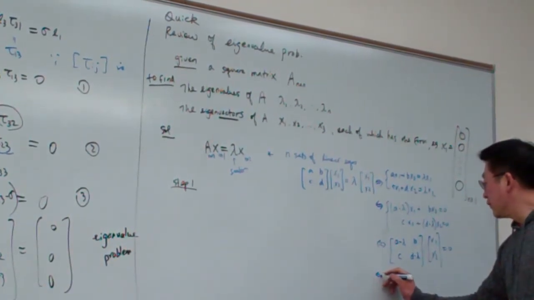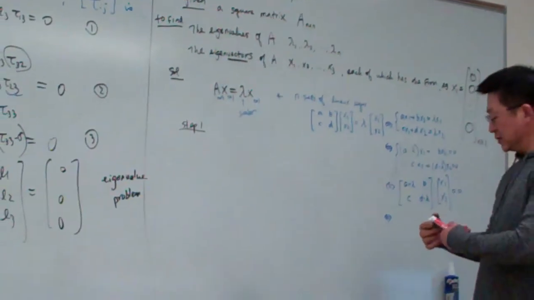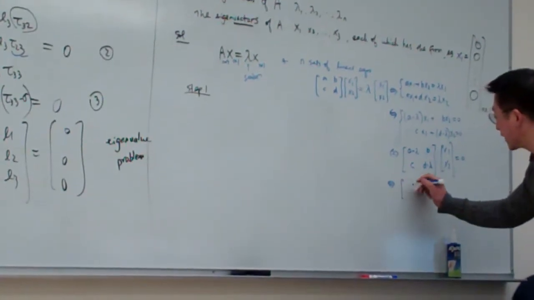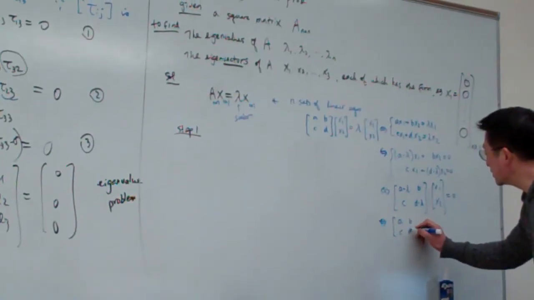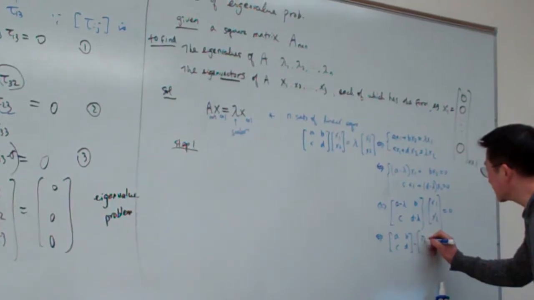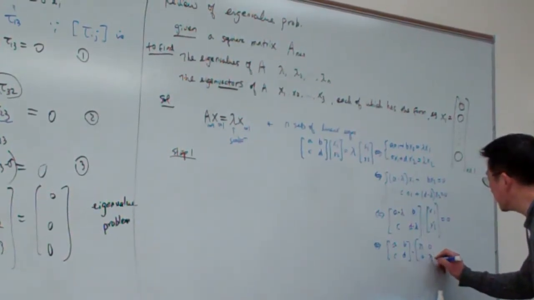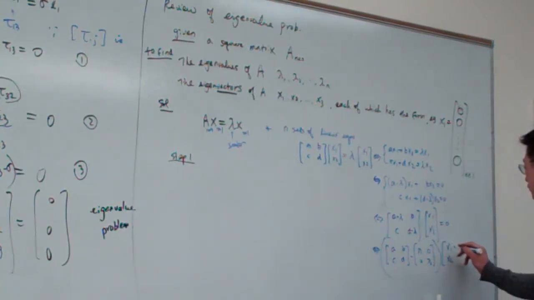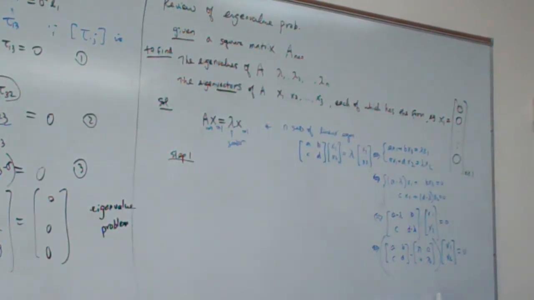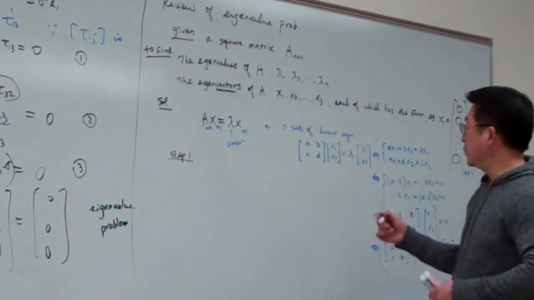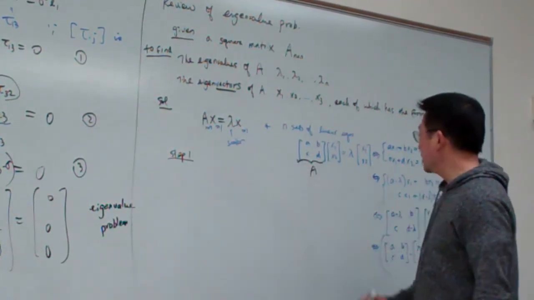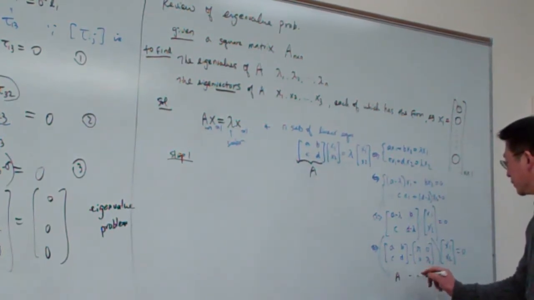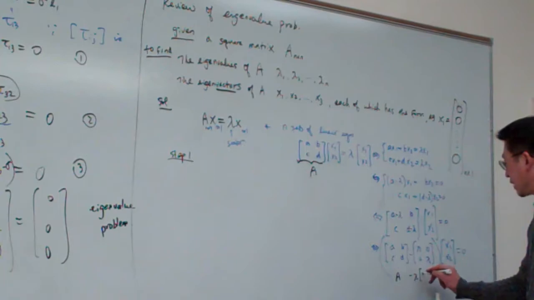Or otherwise, using symbols, this can be written as the matrix a, b, c, d minus lambda times 1, 0, 0, 1, times x1, x2, equal to 0. Compared to our symbols, let me define this as our matrix A, and this term is lambda times I.